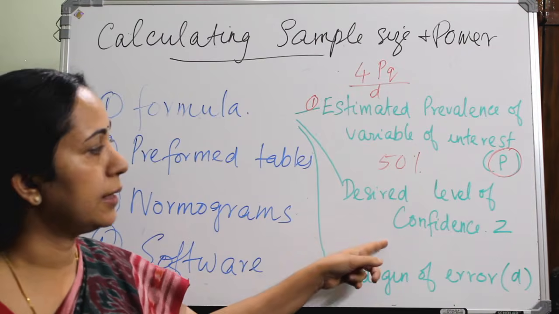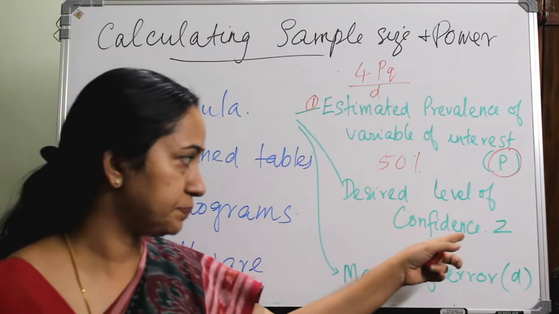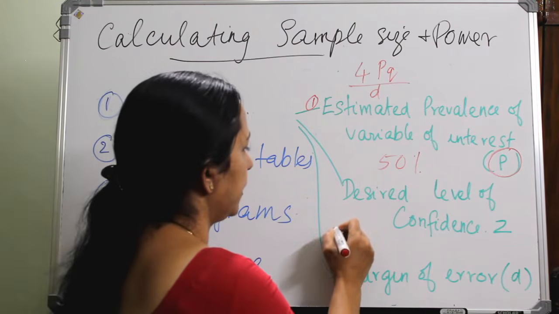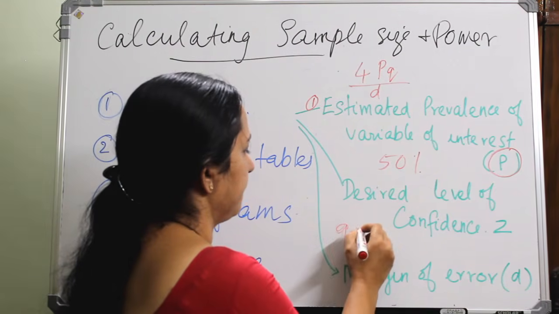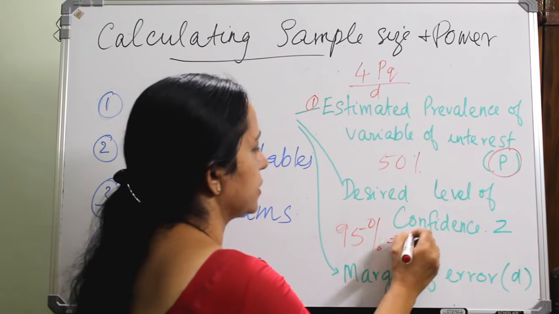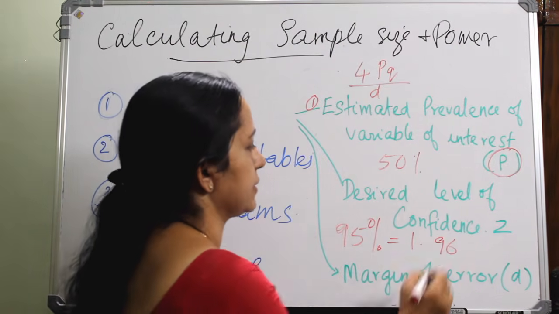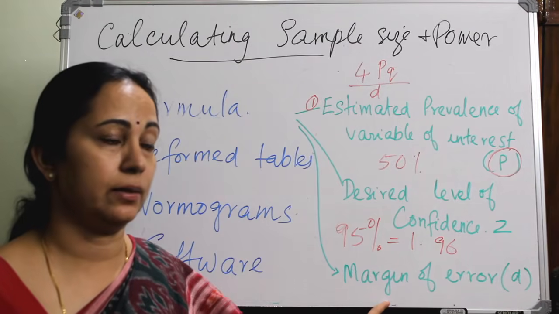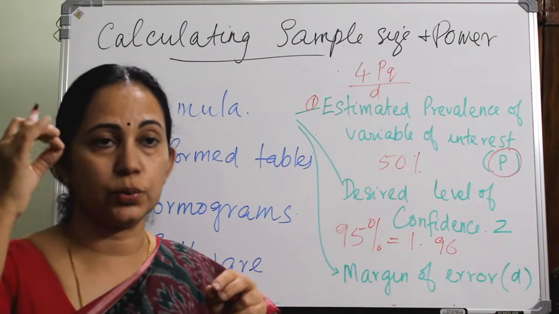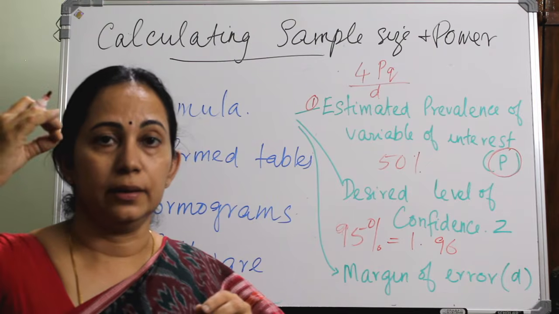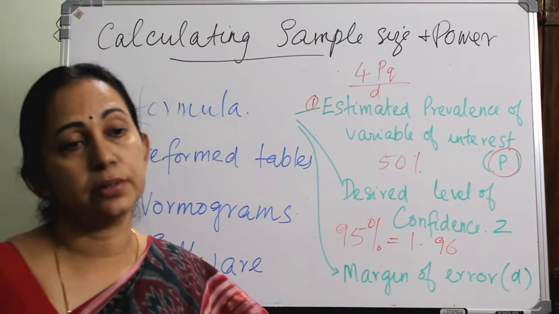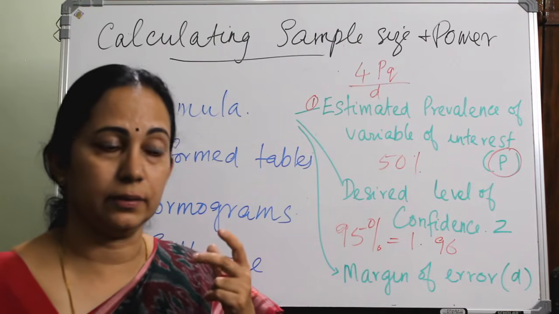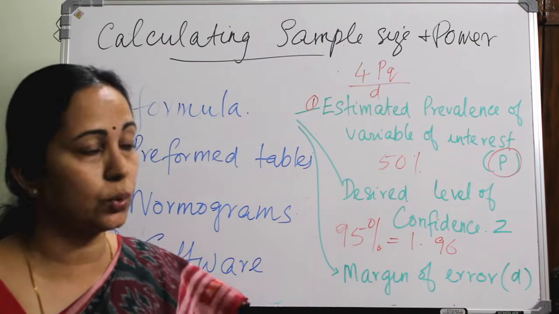Second is desired level of confidence. That is usually taken as 95%, and it is a constant at 1.96. Okay, and the margin of error, you also have to decide at what accuracy you have to compare your proposed result with those already prevailing in the population or with the gold standard.